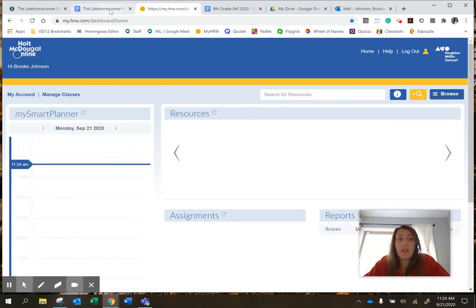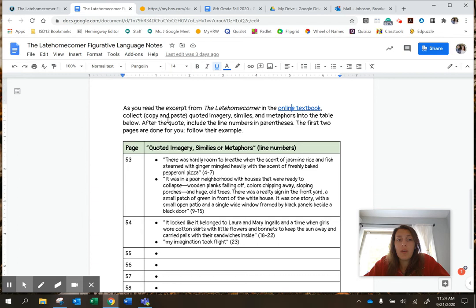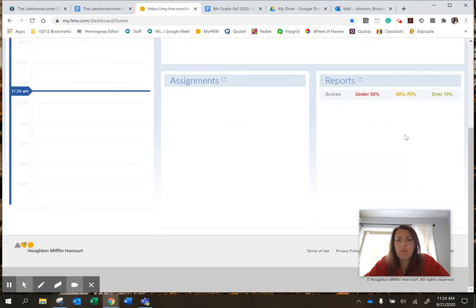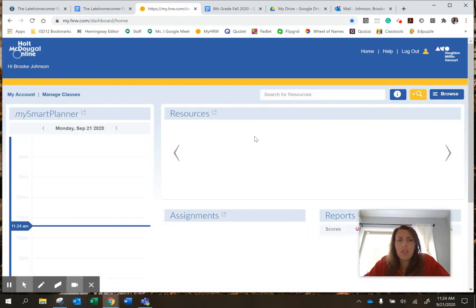So once you get logged in, the story starts on page 53. So remember, you got to make sure this doesn't look right.